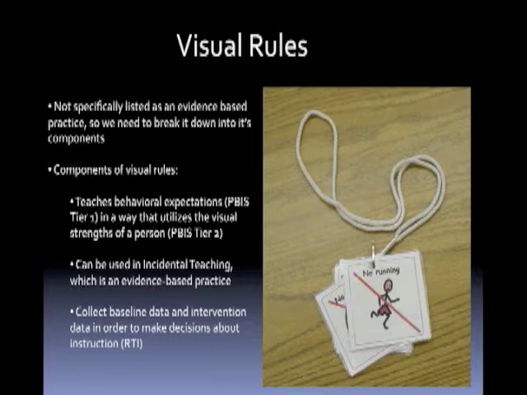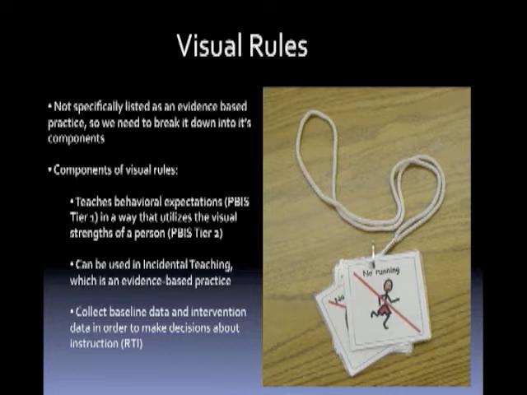And we are teaching it in a way that utilizes the strengths of the individuals that we are working with, and that is their visual strengths. So our visual rules are a part of positive behavioral supports. And positive behavioral supports are an effective practice, an evidence-based practice.